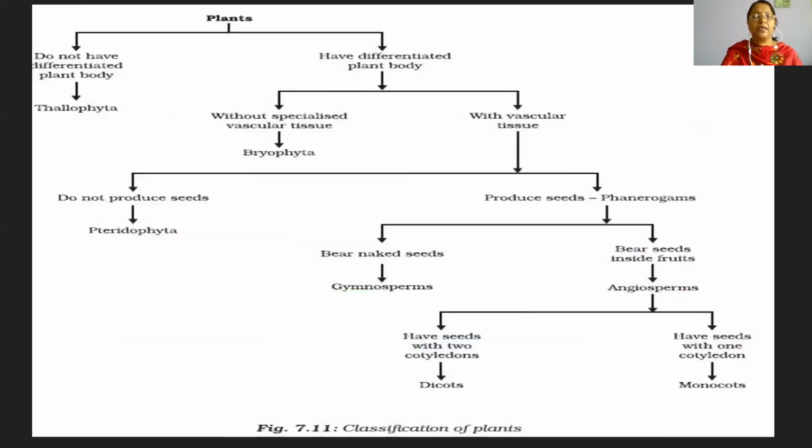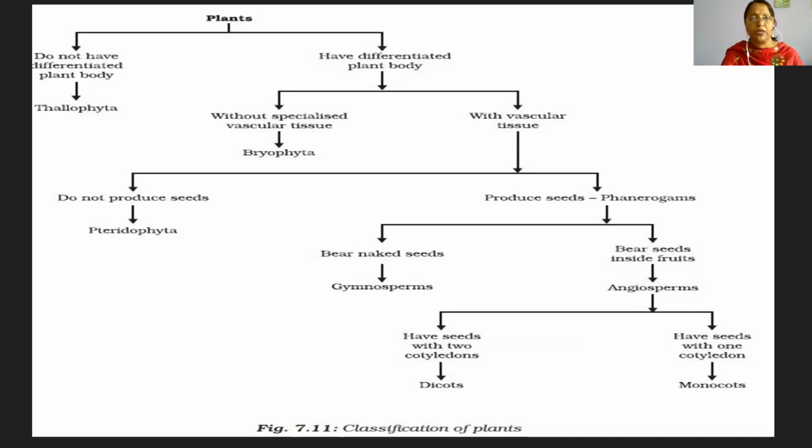Now we will see the flow chart of the Plantae kingdom. Now see from the picture, it will be clear to you. The first one is that they do not have a differentiated plant body, that is the Thallophyta, or they have a differentiated plant body, either without a specialized vascular tissue or with vascular tissue.